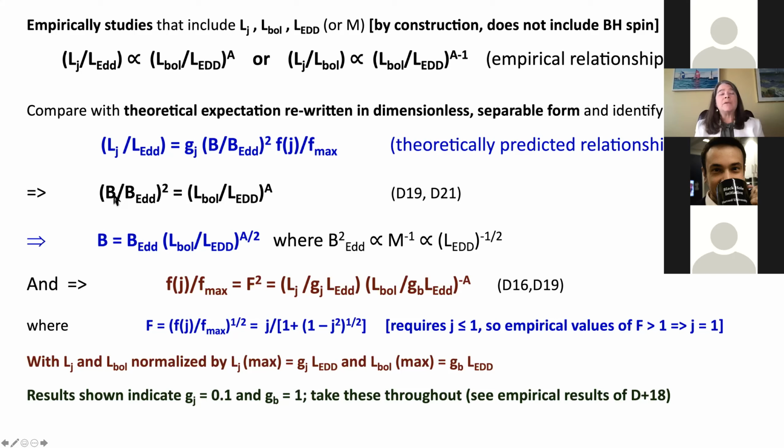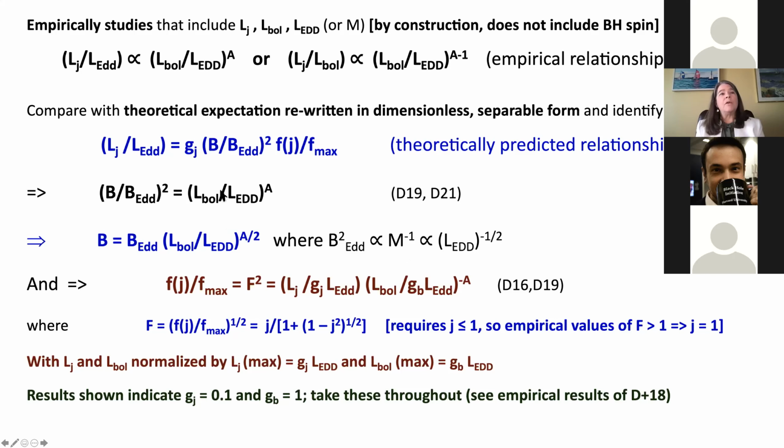So we realize we can obtain the quantity B over B ed squared empirically, and then we can take B ed over to the right-hand side and solve for the magnetic field strength of the accretion disk by basically removing the mass dependence that's in the Eddington magnetic field strength.